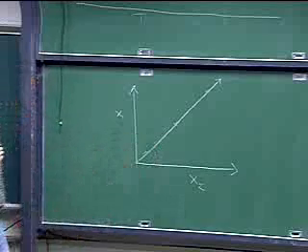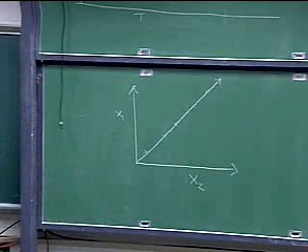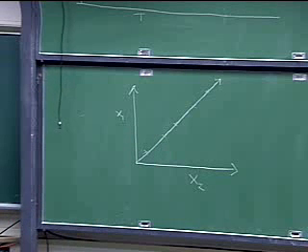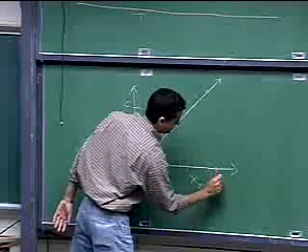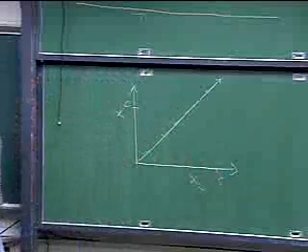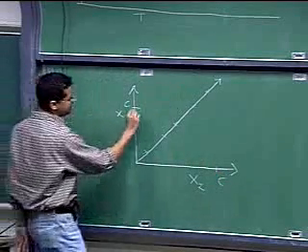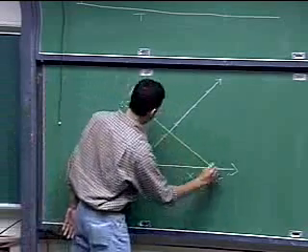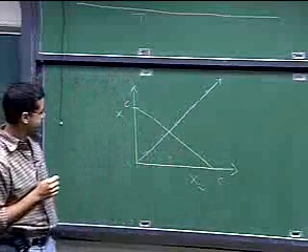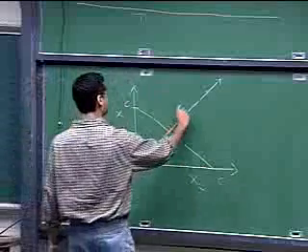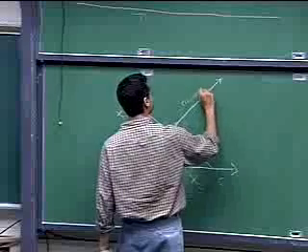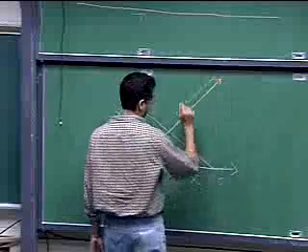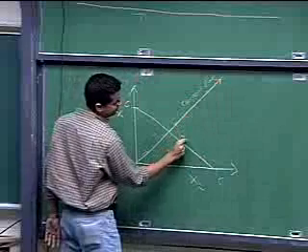Okay. Now let's say the capacity of the link is some rate c. So you plot c here, c here. This was the fairness line, and this is the efficiency line.